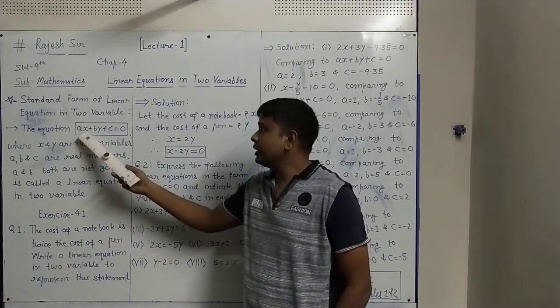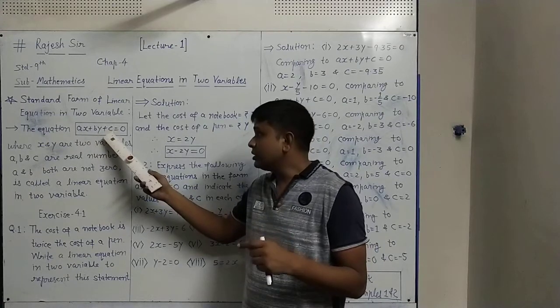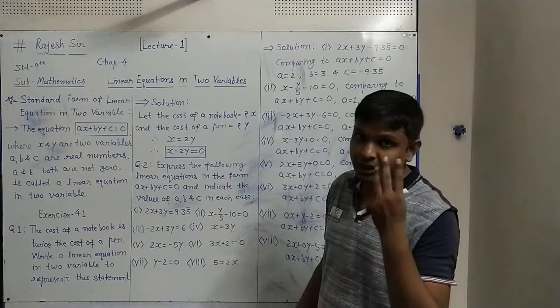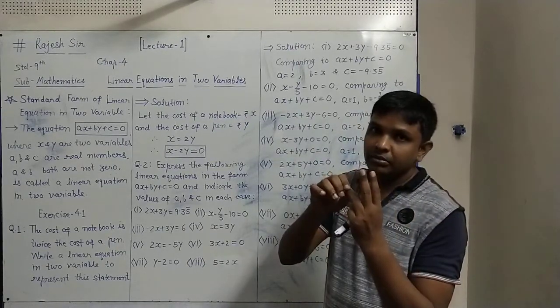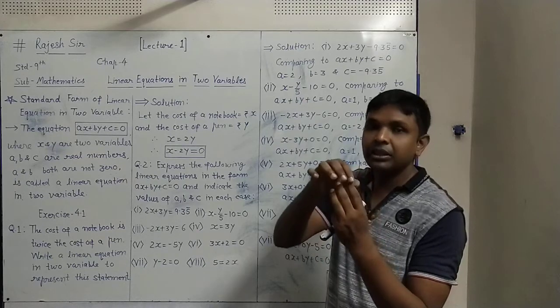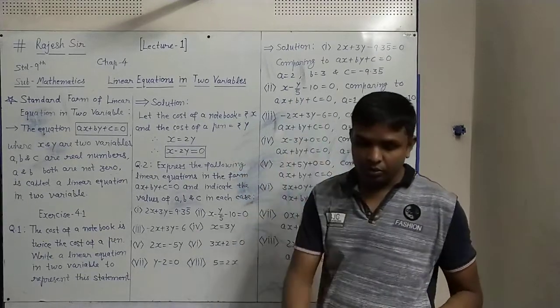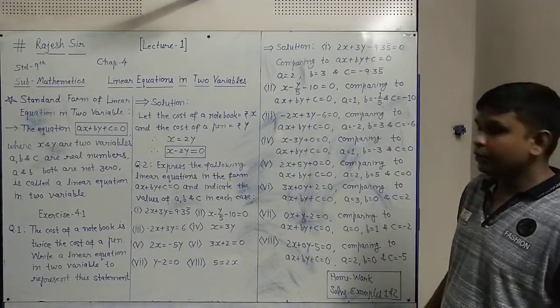The x variable will be written first, then the y variable, then the constant term, and equals 0. So always in the standard form, on the left side there are 3 terms. First term is the x term, second term is the y term, and third term is the constant, and then equal, and on the right side it is 0. So that way we have to write all the 8 equations.